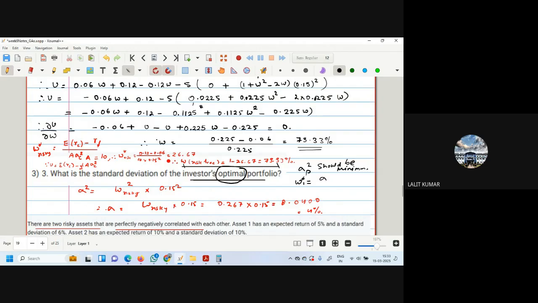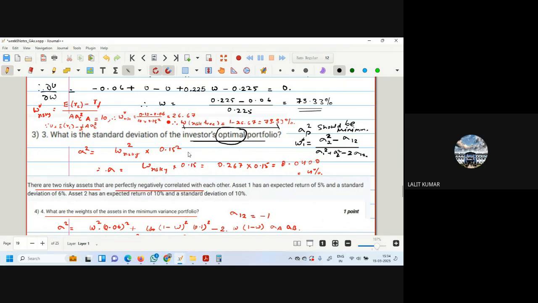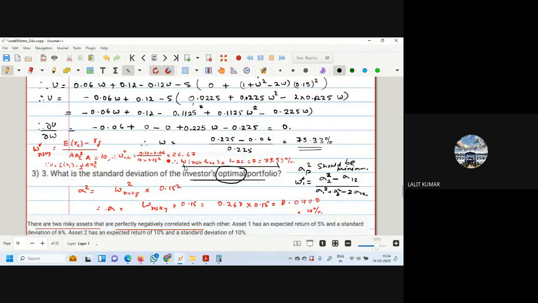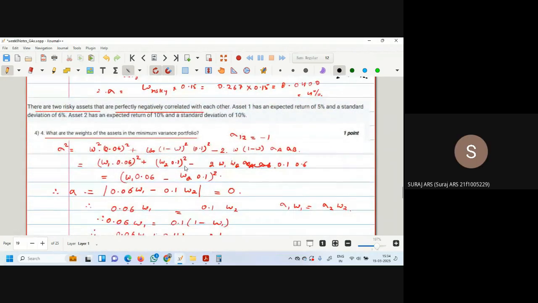W1 star is equal to sigma 2 squared minus covariance of 1,2, divided by sigma 1 squared plus sigma 2 squared minus 2 covariance of 1,2. You put these values, then you will get the optimal portfolio. Once you get W1 and W2, you put them in the formula for the portfolio variance and you will get the standard deviation. Is this okay? Any doubt? No doubt. Okay.